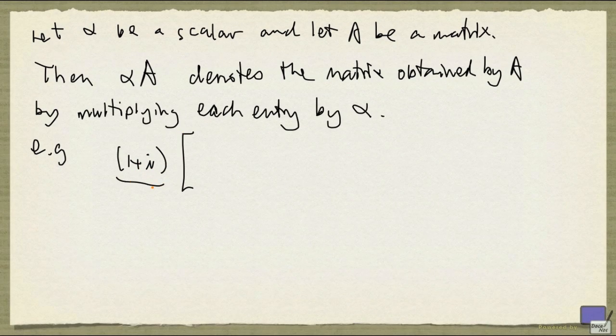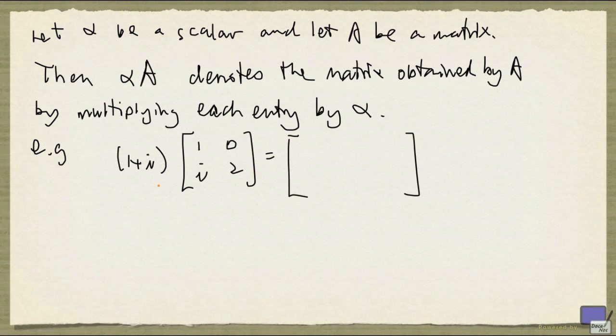My scalar is 1 plus i and the matrix we are looking at is 1, 0, i, 2. Then this represents the following matrix. 1 plus i, so I'm multiplying every entry by 1 plus i, 0. And here I have 1 plus i times i, so that's i plus i squared, and so I have minus 1 plus i. And here I have 2 plus 2i.